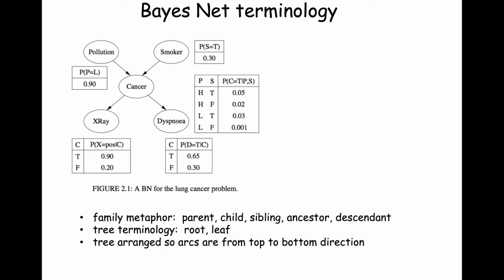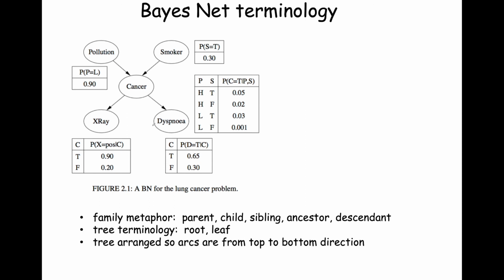Okay, and so we use also tree terminology when we're describing a Bayesian network. We talk about the root node being at the top, that's a graphism from computer science. We also talk about a leaf node as those nodes that don't have any children, and they're typically drawn at the bottom of the graph.